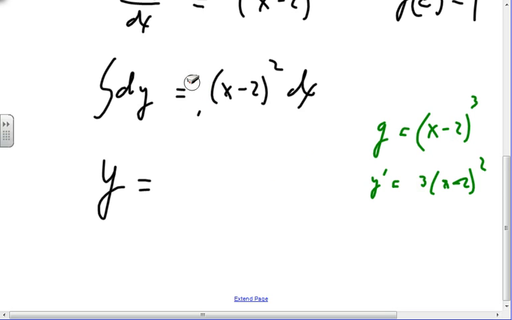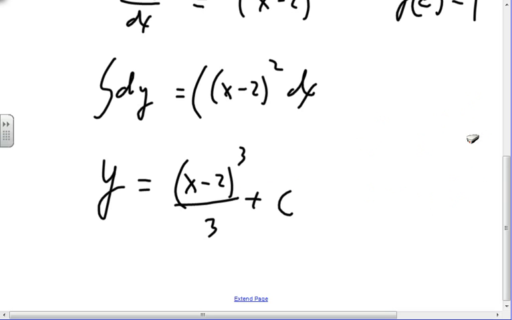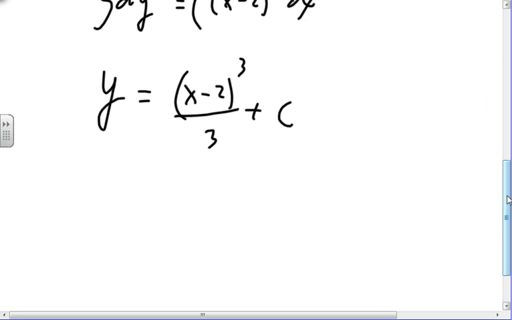That's really too much work. I'll just say y is equal to (x minus 2) cubed over 3 plus c. This is way too much work. Get rid of that. Next time I'll use a bigger eraser.